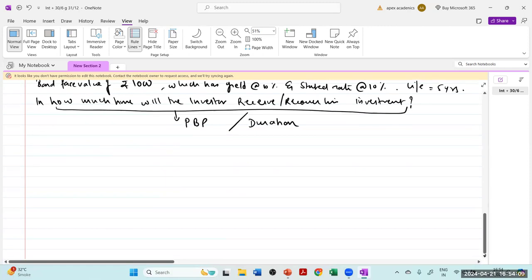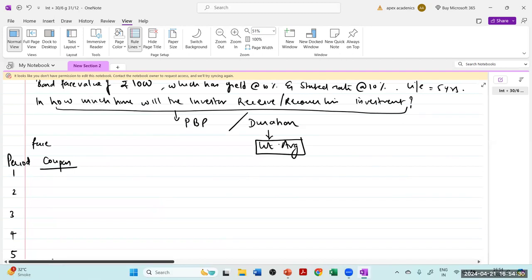But my dear students, duration for a bond has to be calculated using a weighted average, because bonds are different from capital assets. Now pay attention to how the calculation will go. Period or year: 1, 2, 3, 4 and 5. Can I write coupon here? Coupon is face value multiplied by interest rate. Agreed or disagreed?